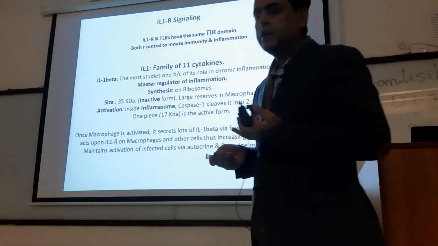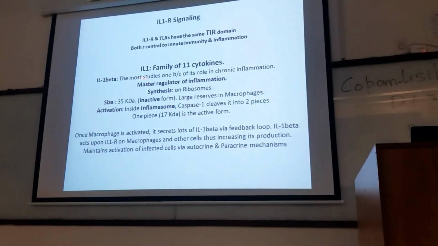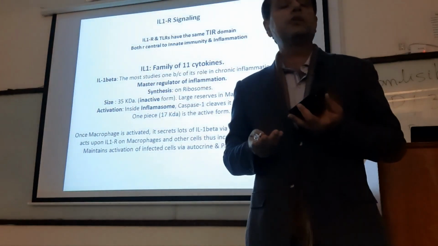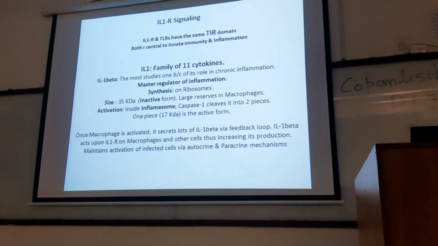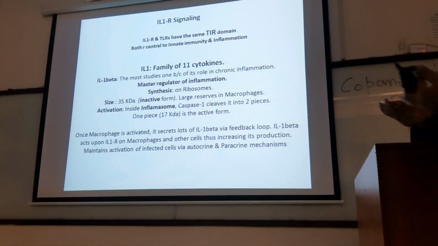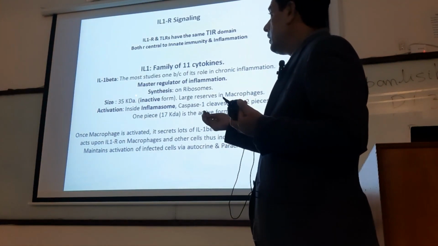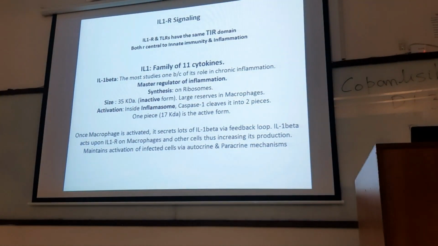This is synthesized in the macrophages and other cells, and it is synthesized on the ribosomes. And as I told you, the macrophage is going to synthesize large amounts of interleukin 1 beta. Okay, so there are large reserves inside the macrophages, and these reserves are in the form of this 35 kilodalton molecule, which is not active.